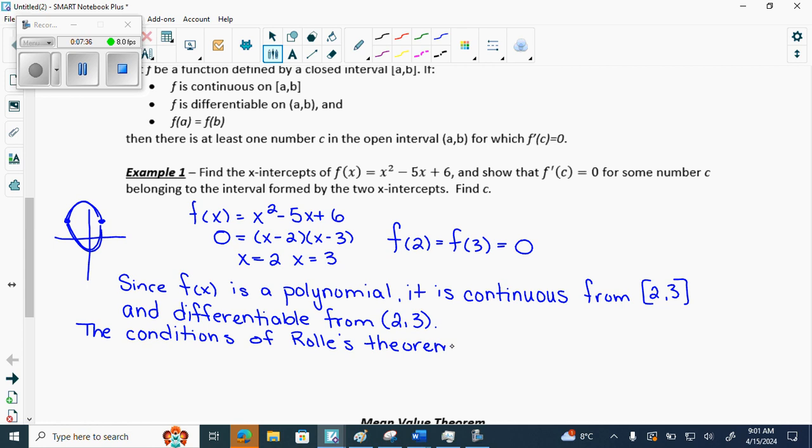You do the same with the intermediate value theorem and the mean value theorem, because you have things that you have to satisfy.